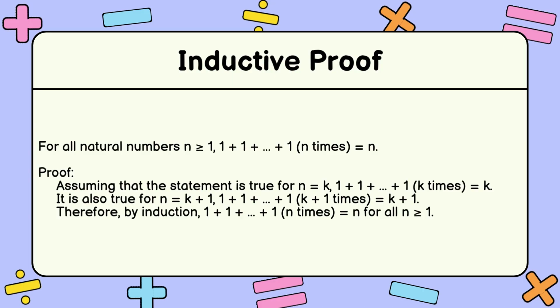It should also be true for n equals k + 1. 1 + 1 + 1 + ... + 1, k + 1 times, is equal to k + 1. Therefore, by induction, 1 + 1 + 1 + ... + 1, n times, is equal to n for all integers n greater than or equal to 1.